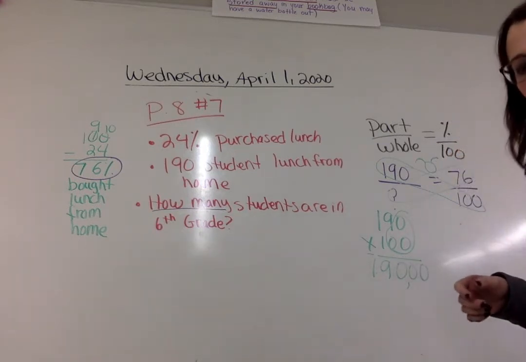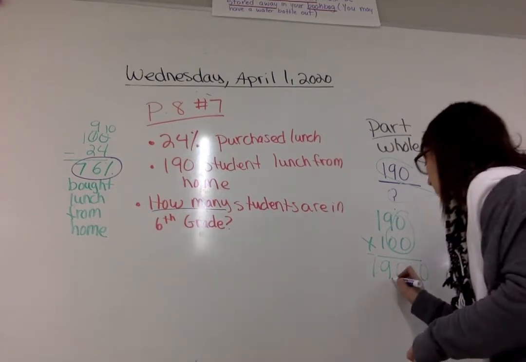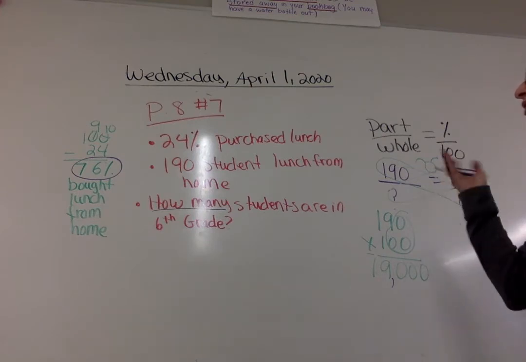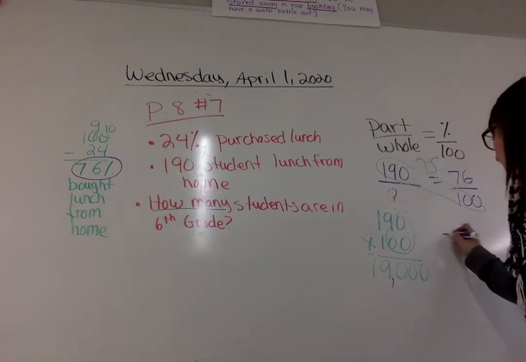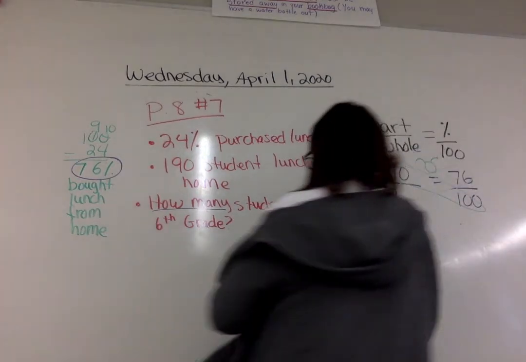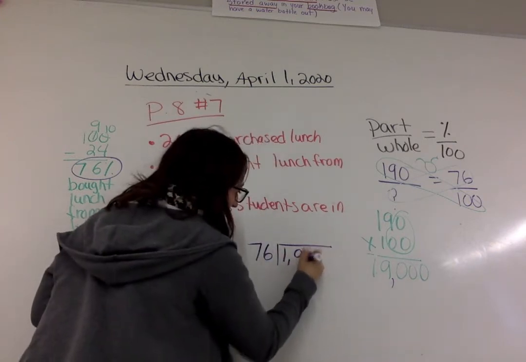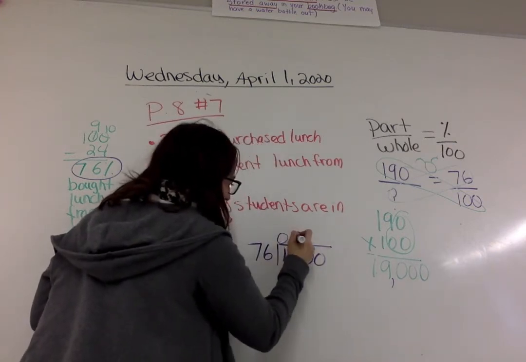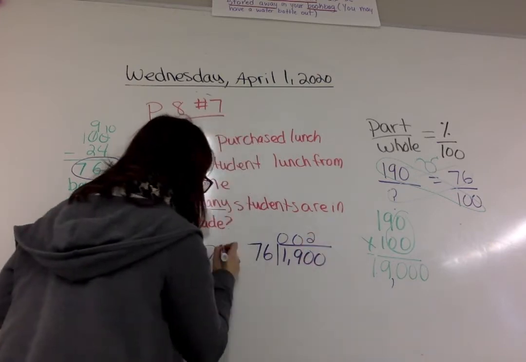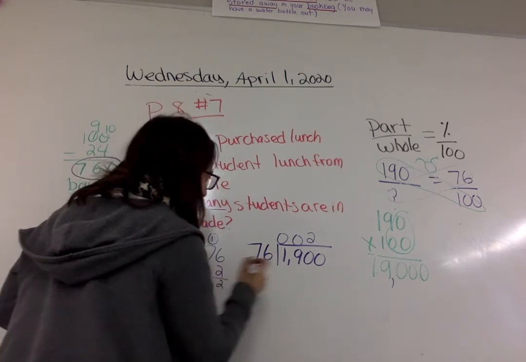Now, I'm going to take this number of 19,000, and I'm going to divide it by 76 to figure out how many students are in the 6th grade. Let's do it here. 76 divided into 19,000. 76 times 2 is 152.